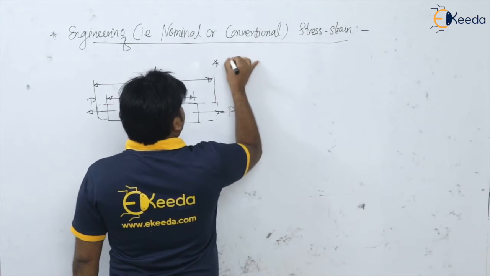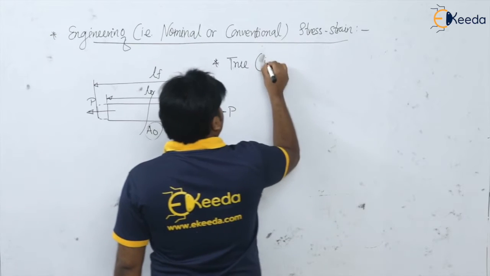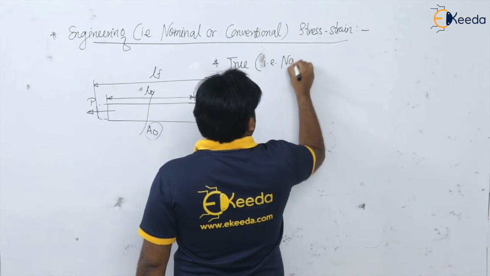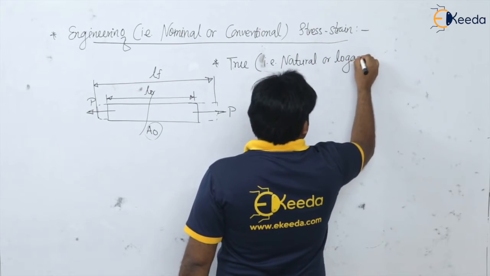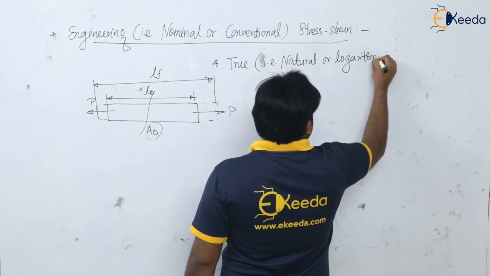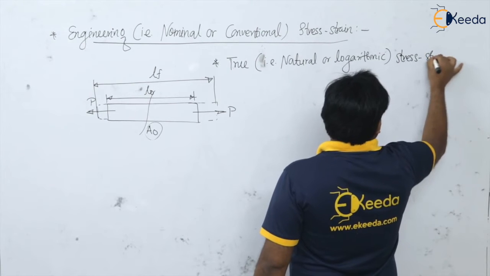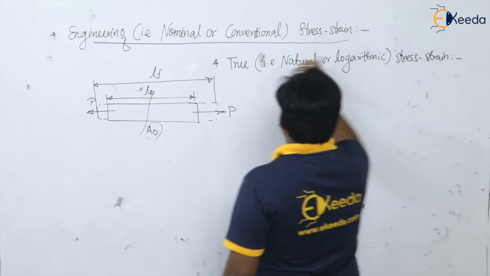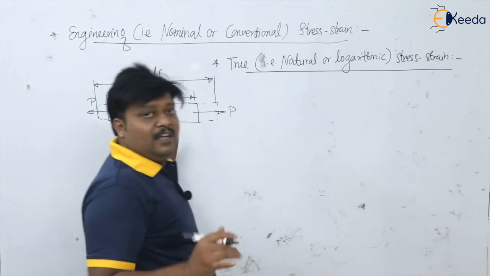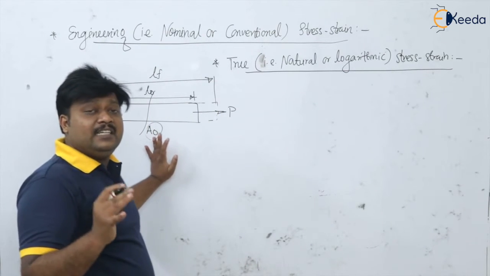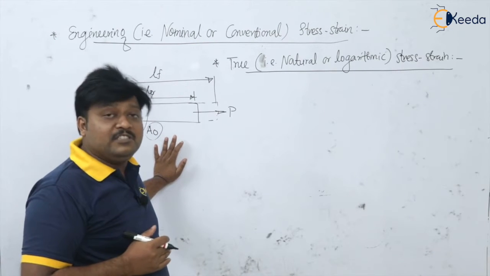This is also known as natural or logarithmic stress and strain. So here, while calculation of the stress, we are taking the instantaneous area for the calculation of the stress.